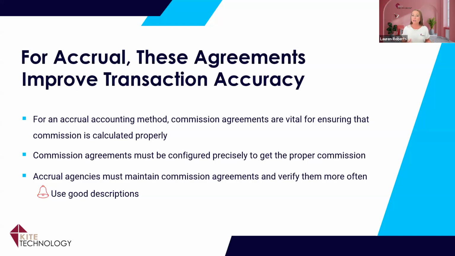If you're on that cash basis, you are recording the exact percentage coming from the carrier in those transactions, and that's what's pulling into your billed premium and commission. So one of the options that you have is to not complicate and simplify your commission agreement so that you have some averages, right? Again, I said estimated premium and commission. Don't freak out, I promise.